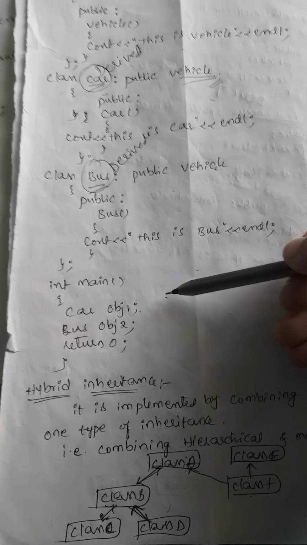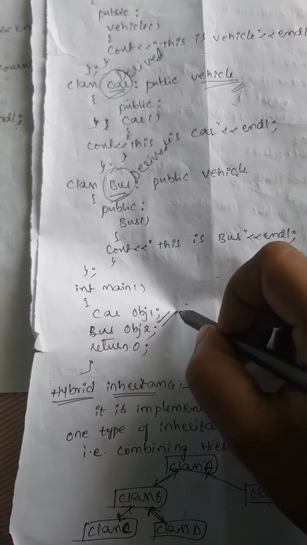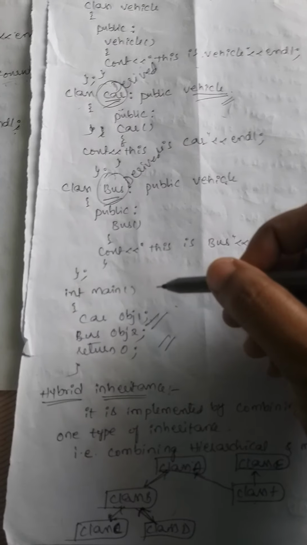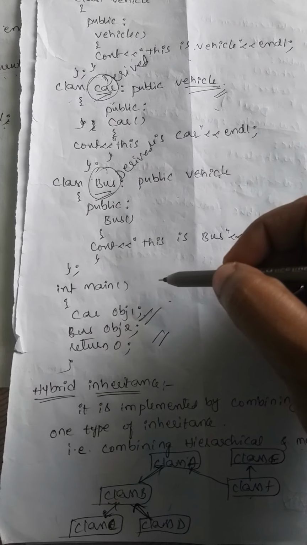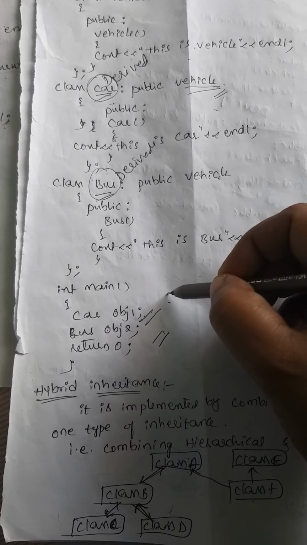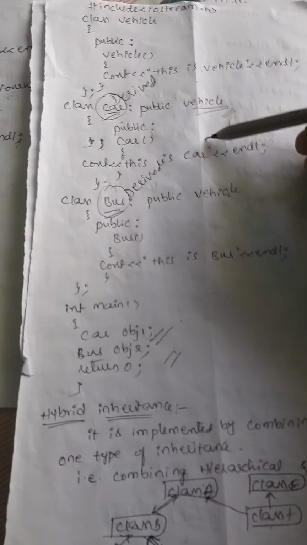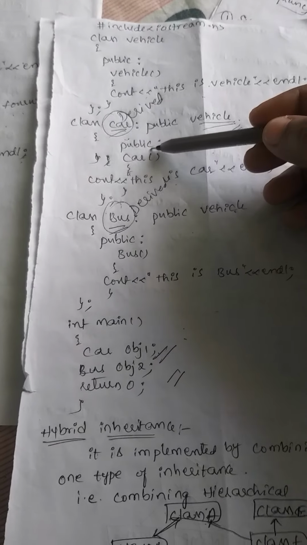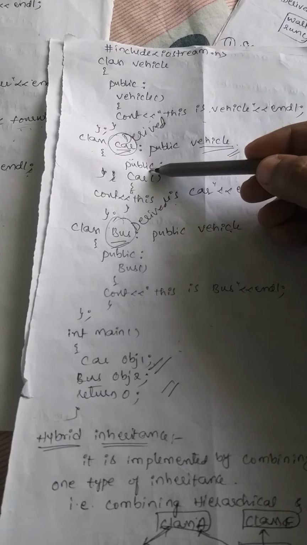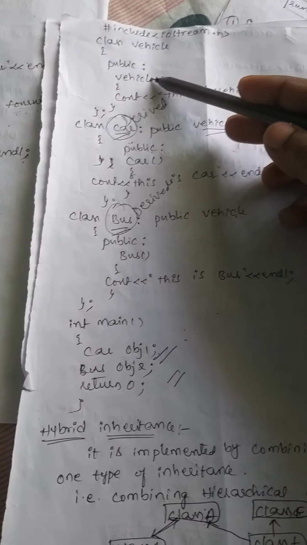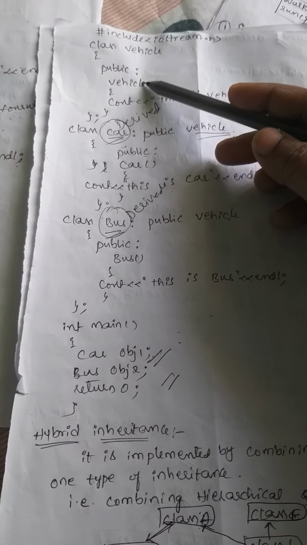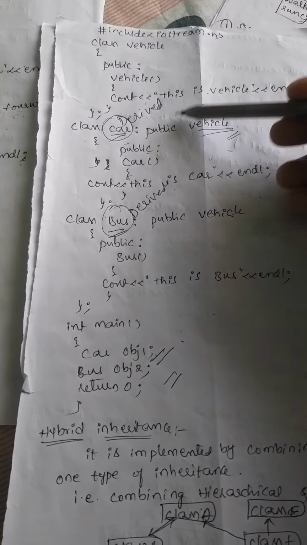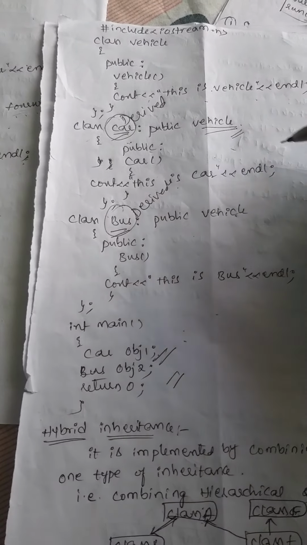So we create one car object and one bus object. At the time of execution, whenever the car object is created, it automatically invokes the car constructor, but car is inherited from the vehicle class. So the output is: this is vehicle, this is car.